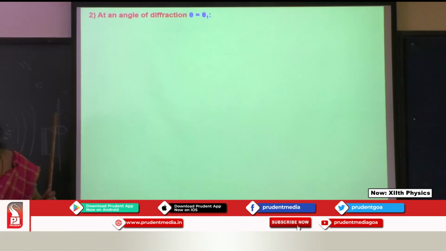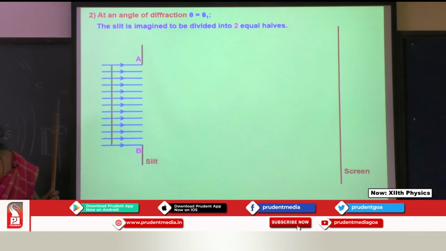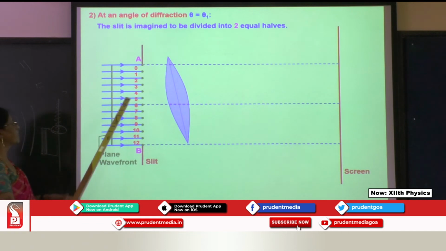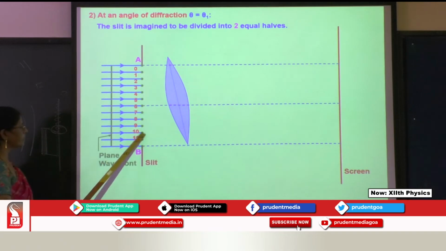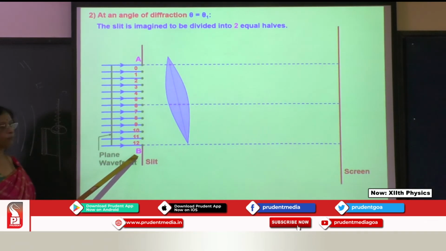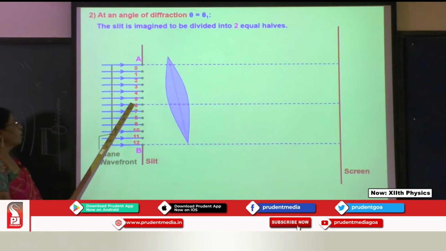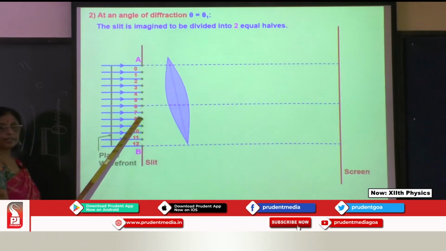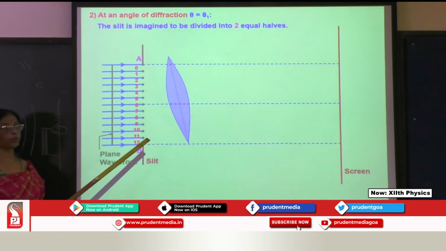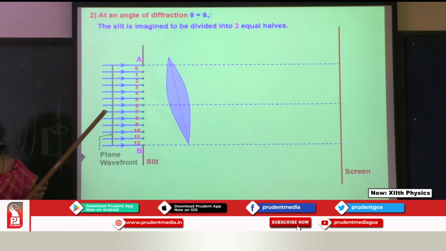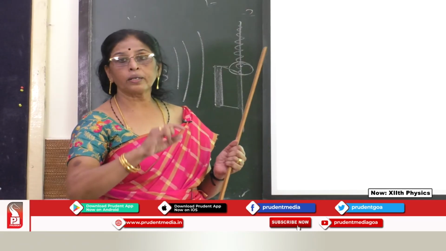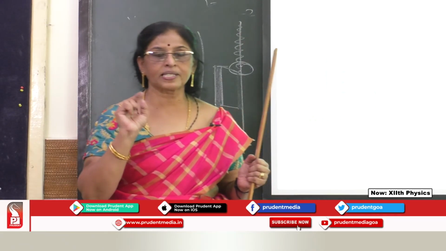Now suppose we consider them at an angle theta, choosing a particular angle. Okay, see, just tilting to a particular angle. So what happens over there? The entire slit, there are 12 spherical waves, and they are divided into two parts. One is this part of the slit, another one is this. Now when they are traveling, one complete wave is lambda.